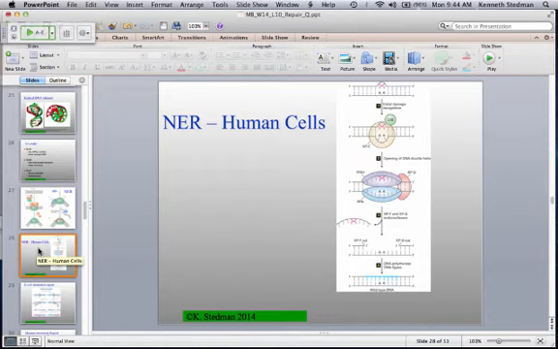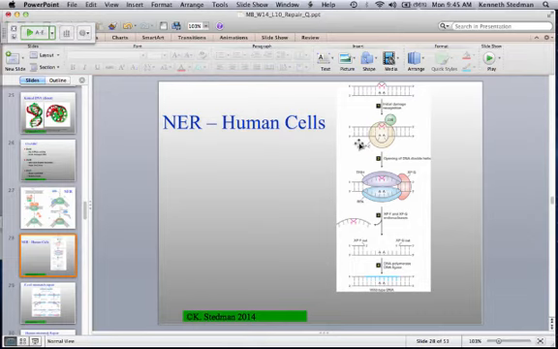Human cells do this in an extremely similar way. Here again, we have a thymidine dimer. These are the proteins which are involved in taking care of that. Many of these proteins were discovered because of patients who had problems dealing with DNA base pairs.